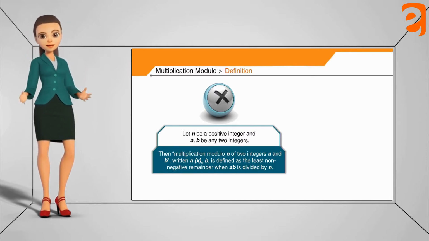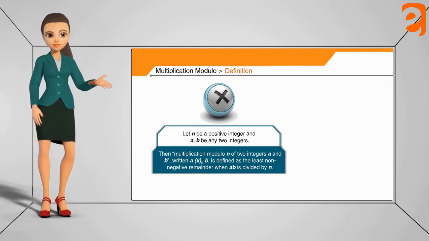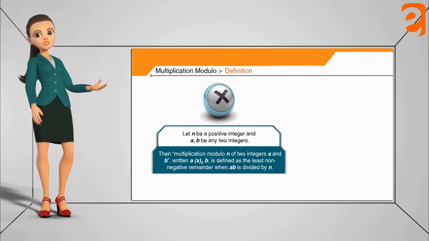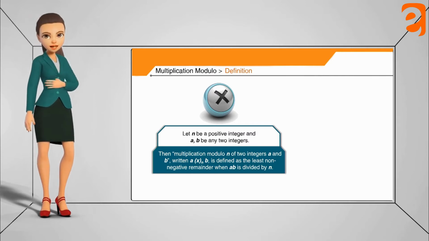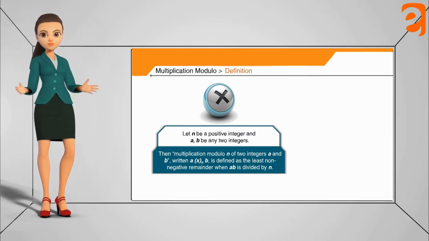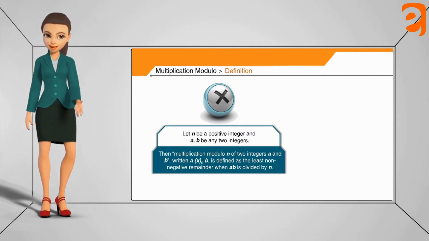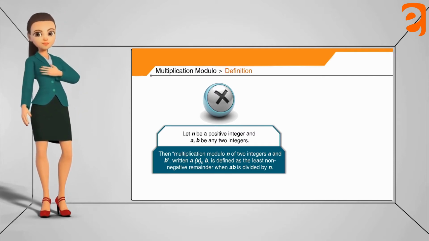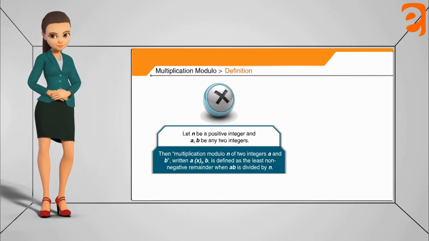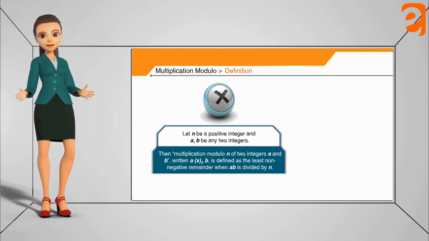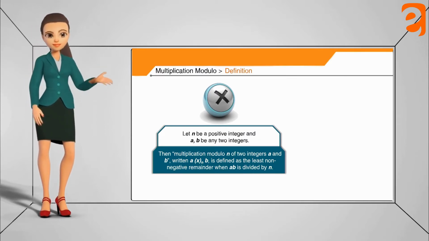Just like addition modulo, where it was a plus b divided by n, here in multiplication modulo, it is the multiplication of a and b, divided by n. The least non-negative integer is called the multiplication modulo n of a and b, and it is written as a cross b, with n at the base of the cross.